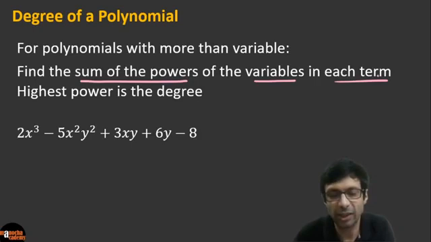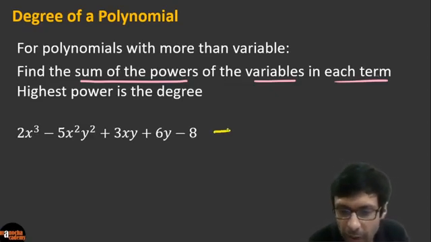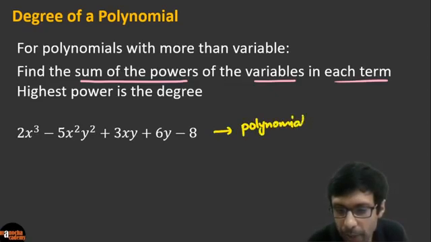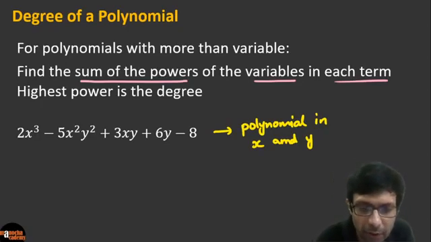Okay, so guys, let's do this one together. So take a look at this polynomial and we need to find its degree. And note, the interesting thing is, it's a polynomial in two variables, right? It's a polynomial in x and y. Clear? Right? So this is a polynomial in x and y. Okay, so let's look at our first term here.